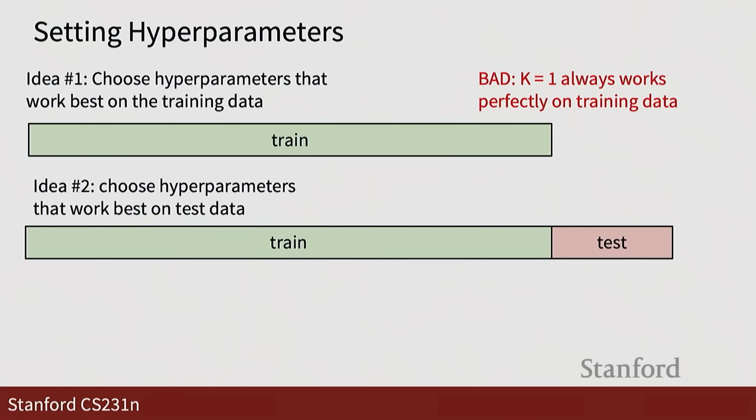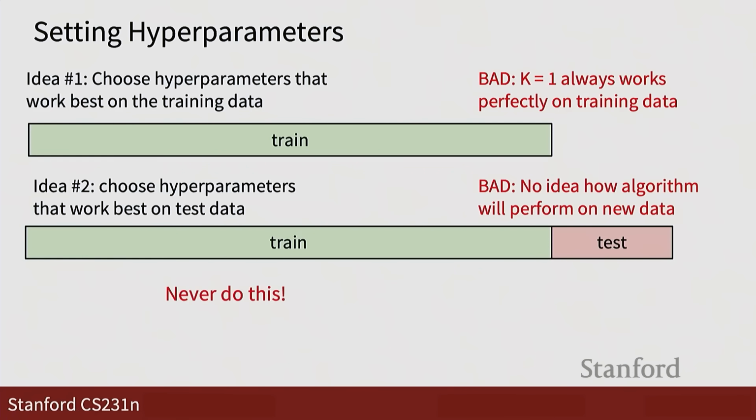The second one is choosing hyperparameters that work best for a held out testing set. While this is a little bit better than the first one, there is also a big problem here. Can anybody say why this is a problem?